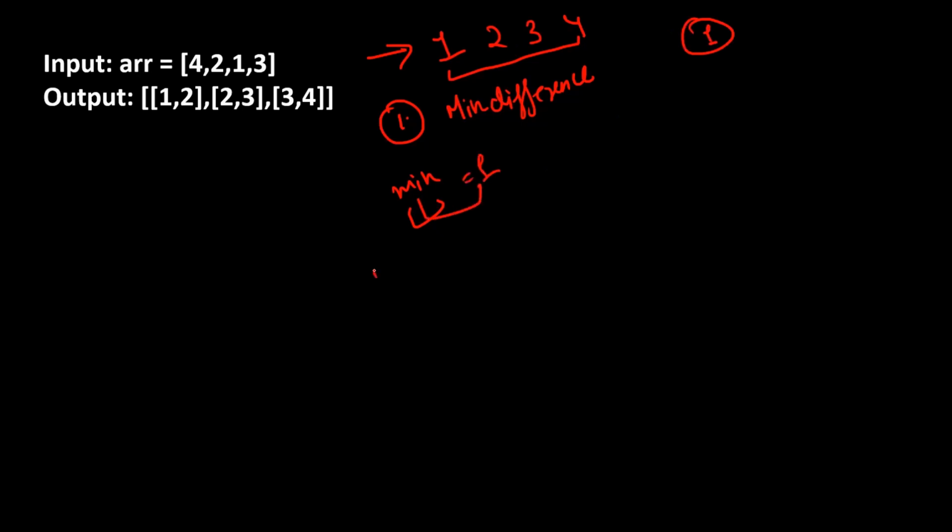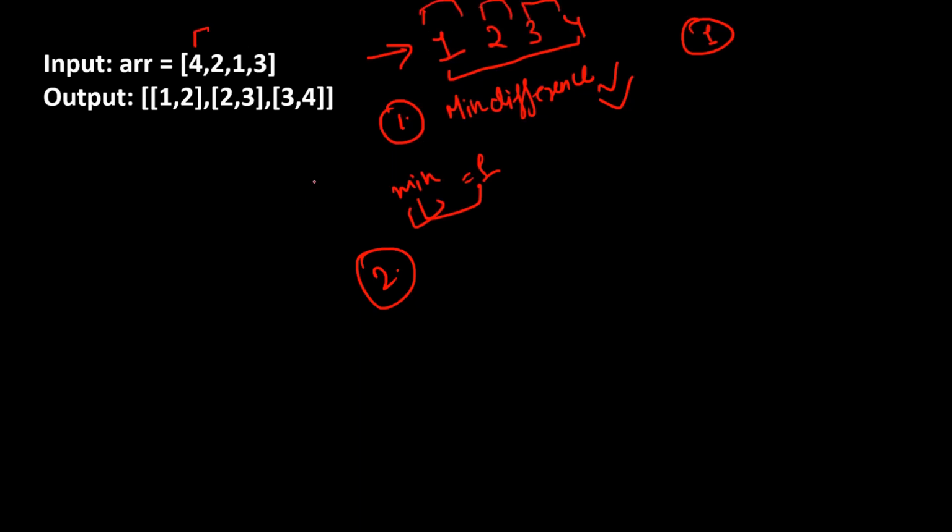Now we'll be taking another loop because this first task is completed. Our next task is to collect all those pairs in which the difference between the i+1 and ith element is this minimum difference that we have just found. So again we'll be taking a for loop and checking the difference between the pairs, like this pair, this pair, this pair.